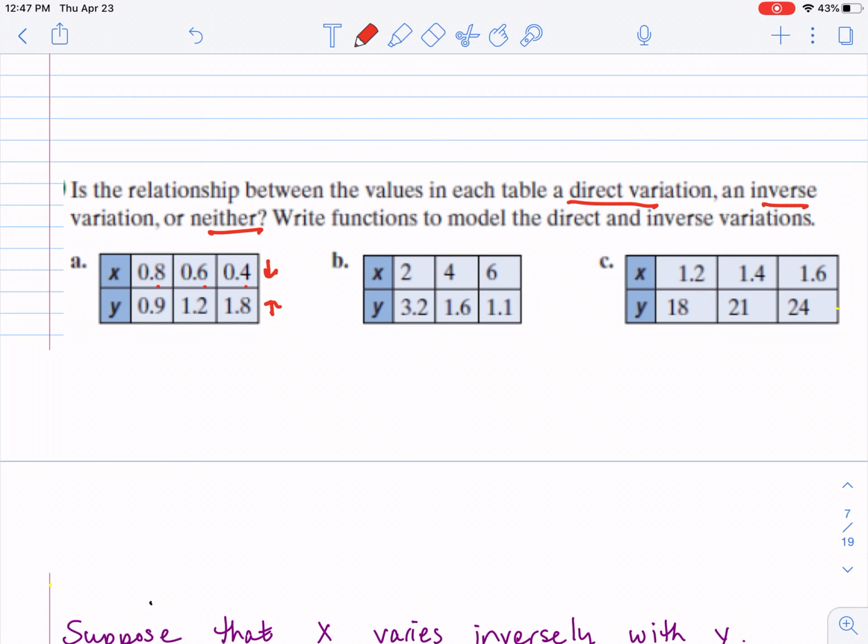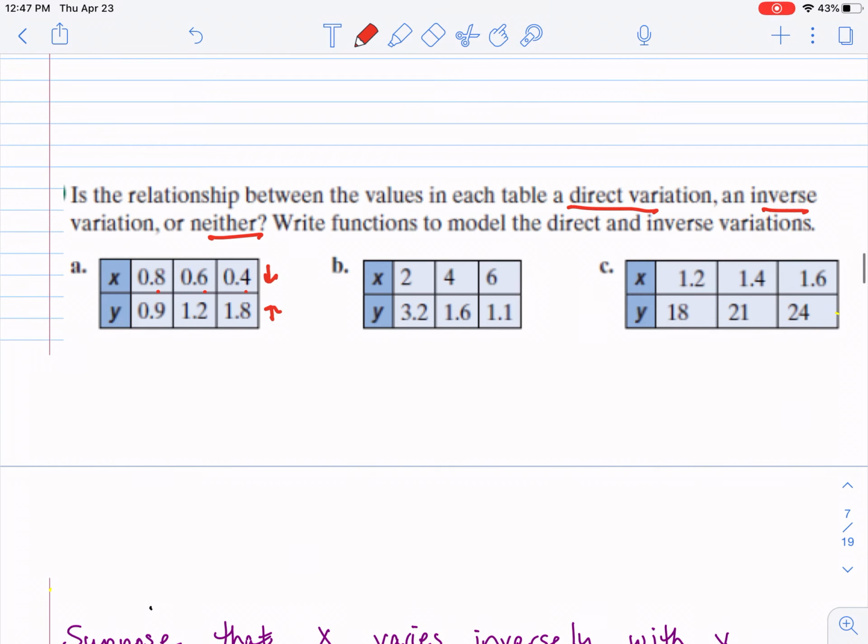So I could check to see if maybe it's an inverse variation. So let's check the k's. On an inverse variation, the k is equal to x times y. So let's multiply those two together. 0.8 times 0.9 comes out to be 0.72. Let's multiply these two together. 0.6 times 1.2 is 0.72.